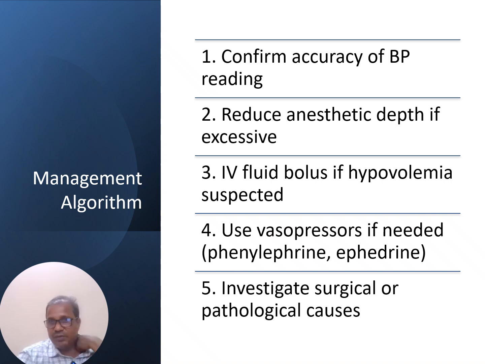If the hypotension is marked, we will have to give a bolus of IV fluid to increase the blood pressure, or apply some other vasopressor, such as phenylephrine, ephedrine, etc.